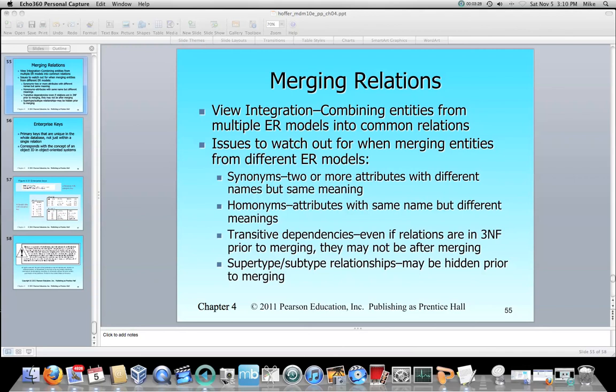And then the other thing that could be an issue is that we've got, again, two different areas merging their data together. We may lose the fact that there are supertype and subtype relationships that we lose track of.